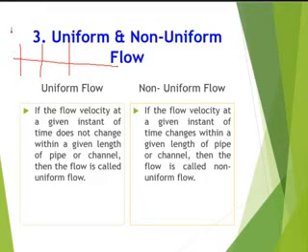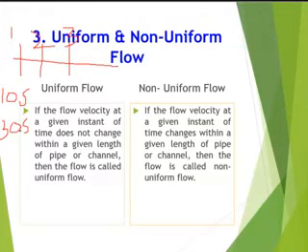It can also be explained with the help of drawing a cross section. For example, this is a cross section of a pipe or a channel. So if these are different points in a cross section and we measure the velocity at all these points at a particular time, for example after 10 seconds, and the velocity remains the same at all these points, then it is a uniform flow.